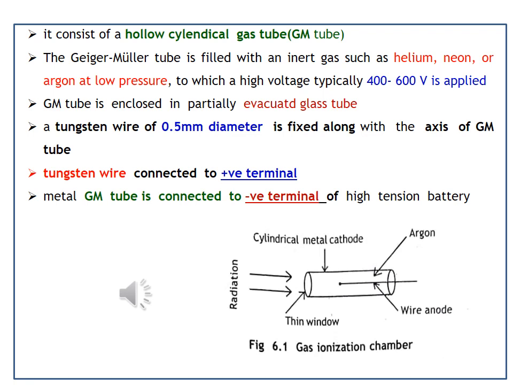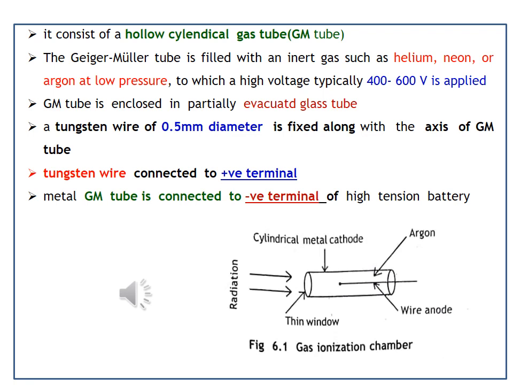The GM tube is filled with an inert gas such as helium, neon, or argon at low pressure, to which a high voltage, typically 400 to 600 volts, is applied.